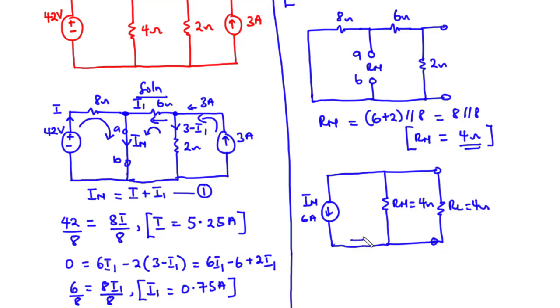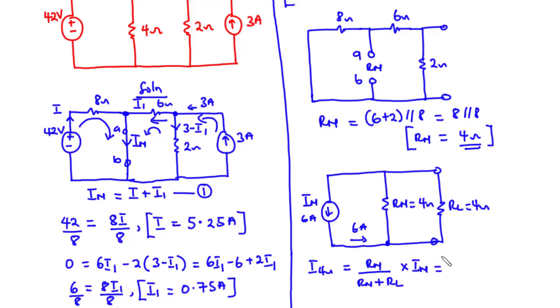Therefore, if you want to find the value of current flowing through the 4 ohms resistor, that is given by the Norton's resistance, Rn, divided by Rn plus RL, so divided by the sum of the two resistors, multiplied by the total current approaching the junction, which is IN.